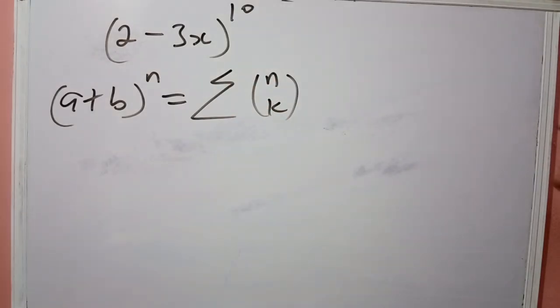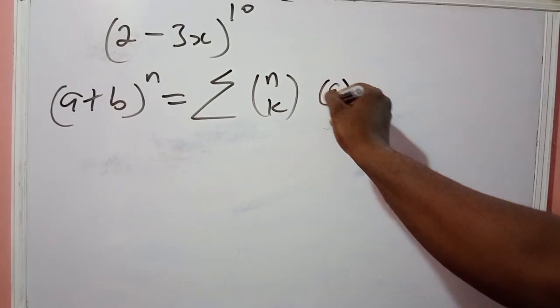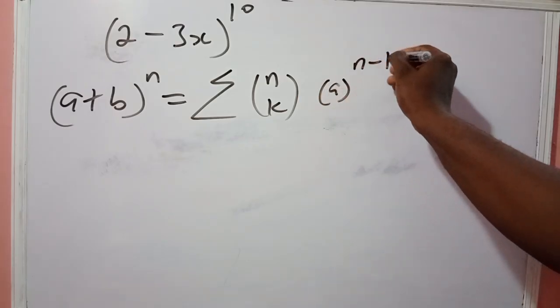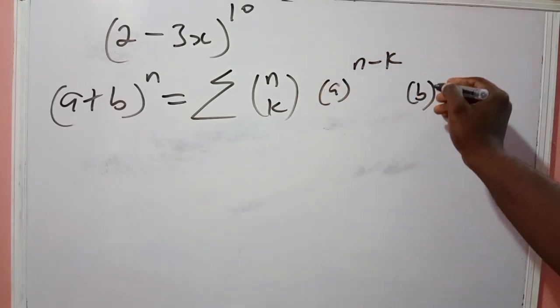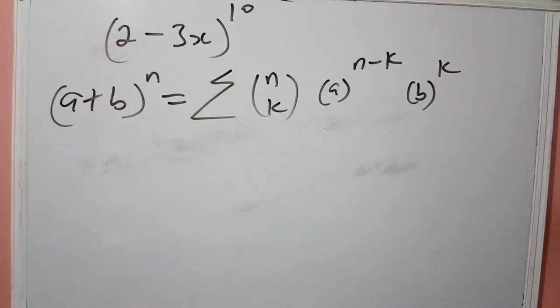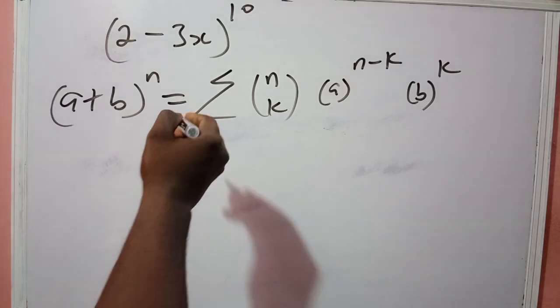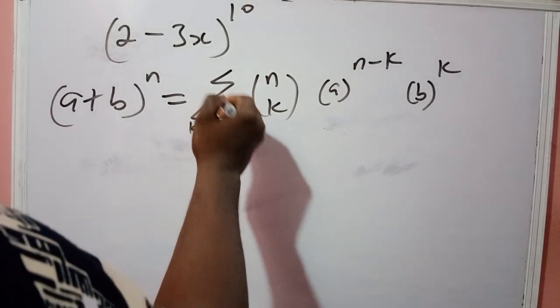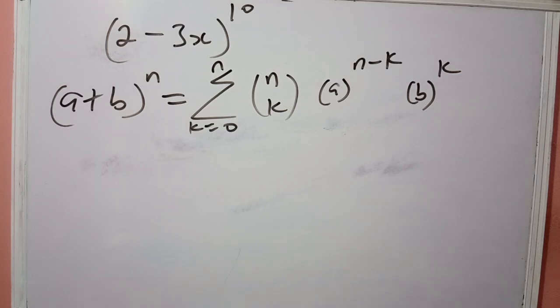And this will be a raised to power n minus k, and then b raised to power k. Now, for the summation we have here, k will range from 0 to n. So this is the general expression for a binomial expansion.